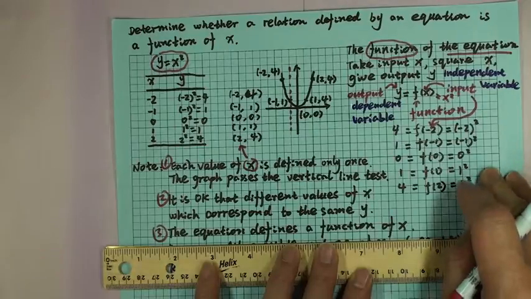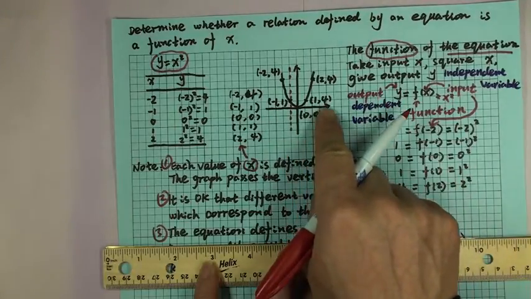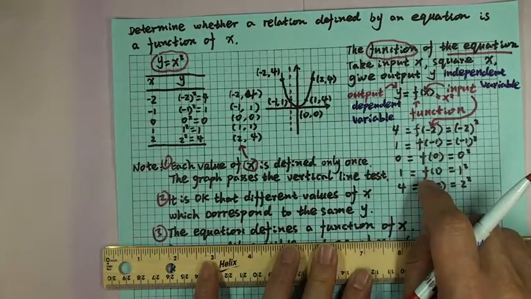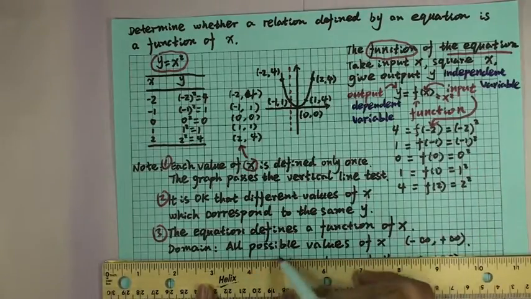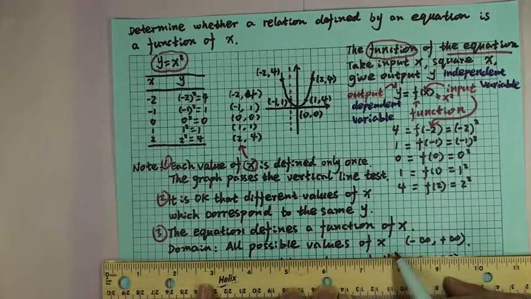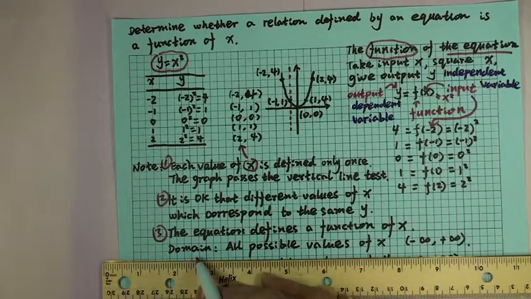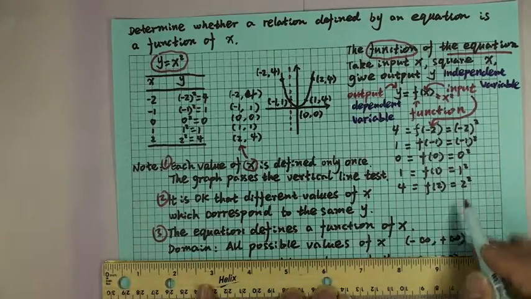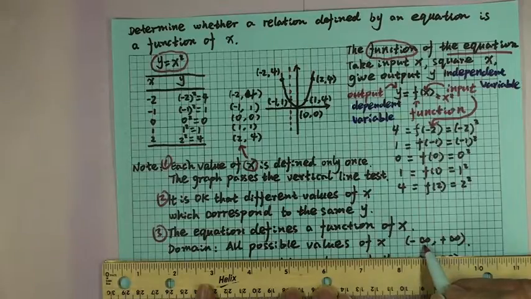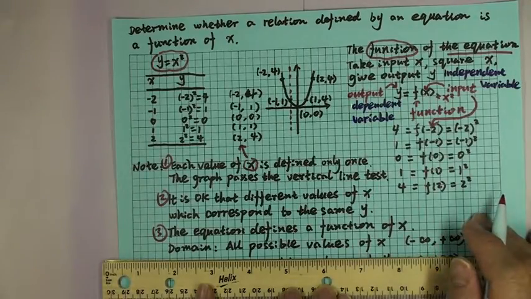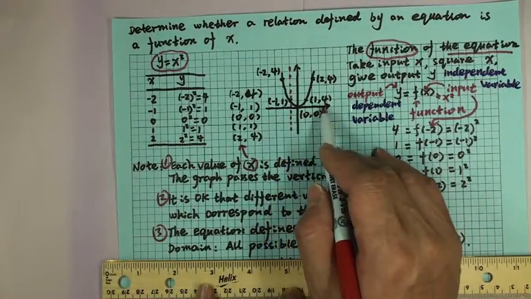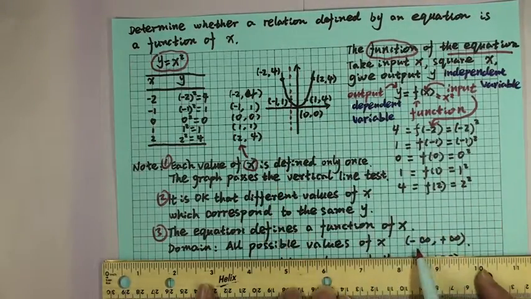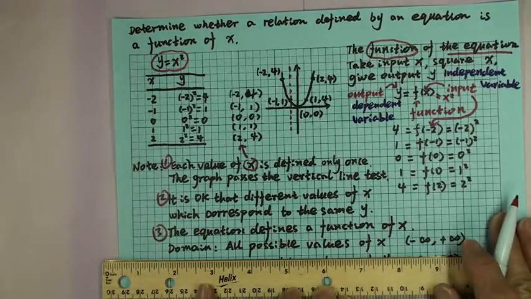Now, you see right here, x can input anything positive or negative, whatever you input. So here we say all possible values of x is actually the domain. From negative infinity to positive infinity, because it takes negative numbers, it also takes positive numbers.